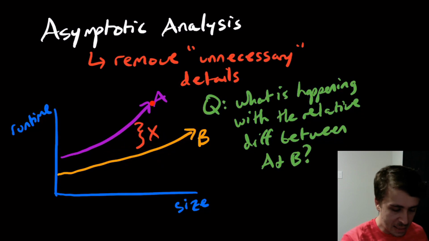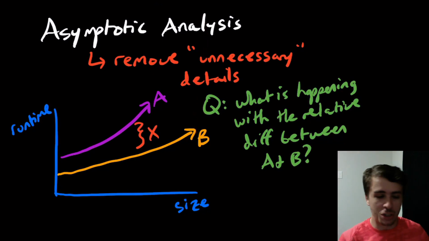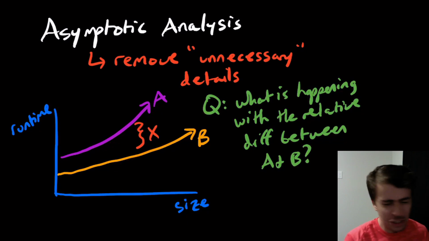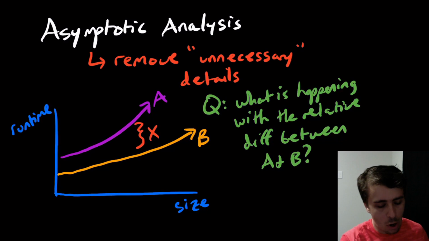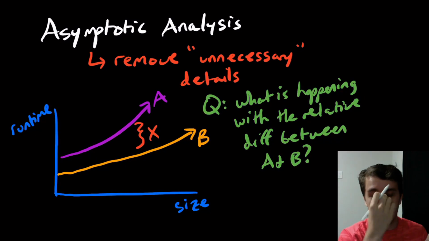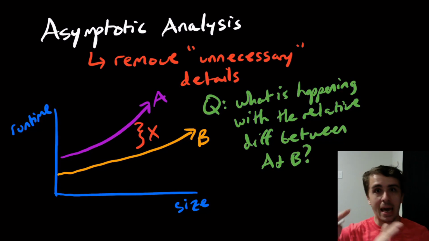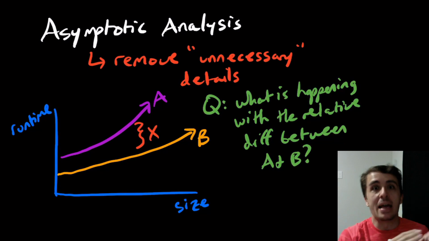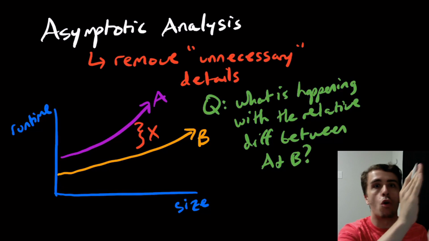Maybe A at this point is going to shoot to the moon, or maybe B shoots to the moon and then maybe they cross. But let's just say I happen to know that A will always be twice as big as B. Well, then the relative difference isn't getting any bigger because A is always going to be twice as much as B. But if at some point A was going to get closer and closer relative to B, that may be something we want to know. Or maybe the relative difference between them always will be growing.